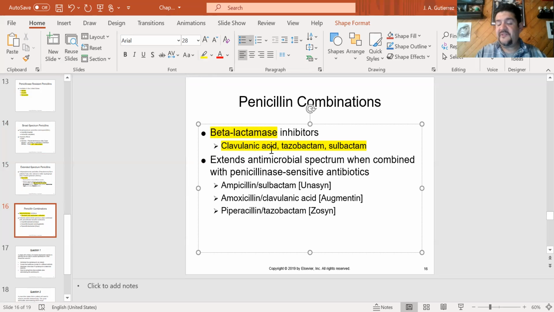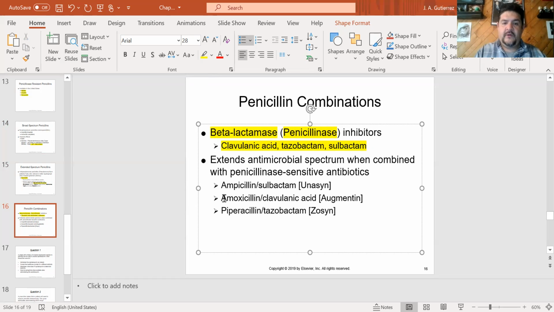Remember, beta-lactamase is a specific name, or penicillinase. So these three, clavulanic acid, tazobactam, and sulbactam, will inhibit the enzyme that is producing the resistance, and then now the penicillin can destroy the bacteria.